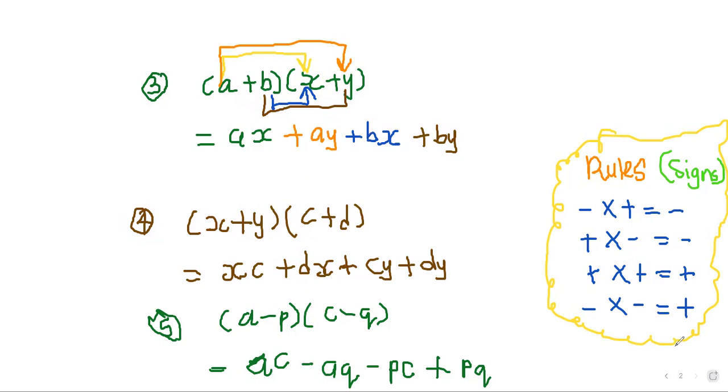Now let's continue further, still under the topic of algebra. This one we just did number 5. Then if I were to do number 6, it will comprise of numbers. Let's say they give you x plus 1, as well as x plus 2.